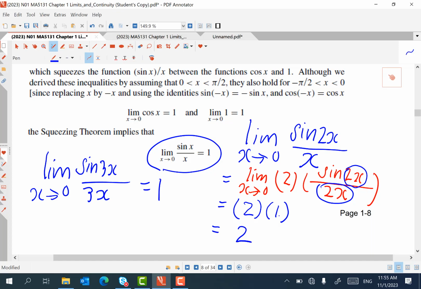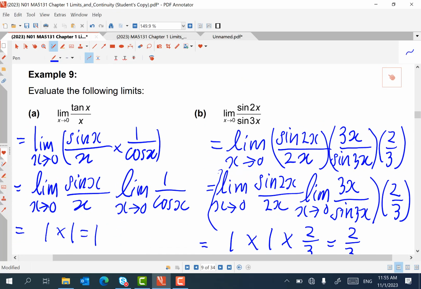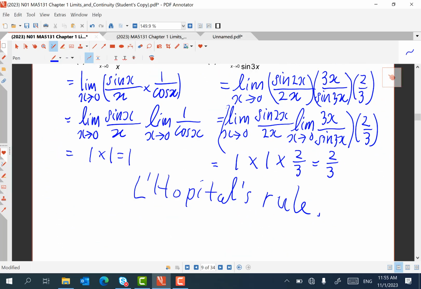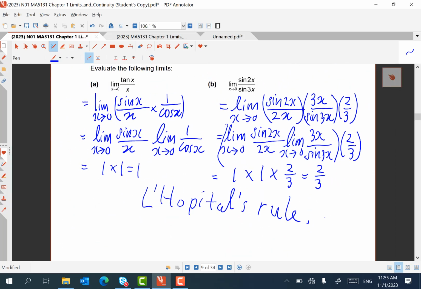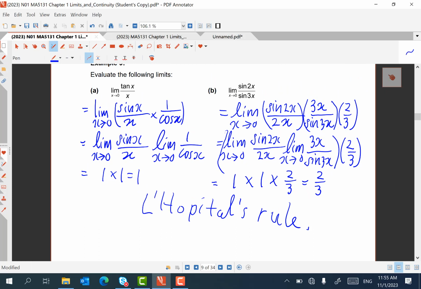Okay, so that is our example 9. In example 9, I would not advocate the use of L'Hopital's rule.